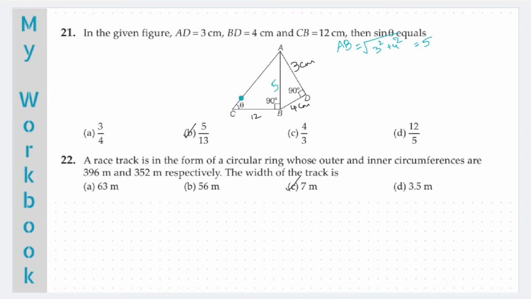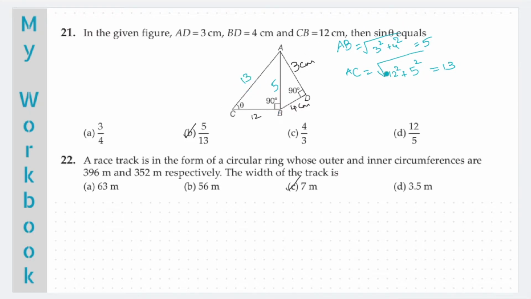Now AC is the hypotenuse in right angle triangle ABC. So AC will be square root of 12 square, which is the base, plus the height, which is 5 square, and this will give you 13. So AC is 13.